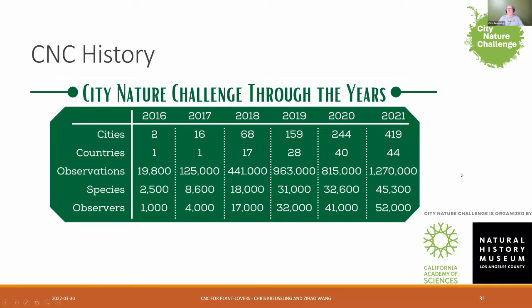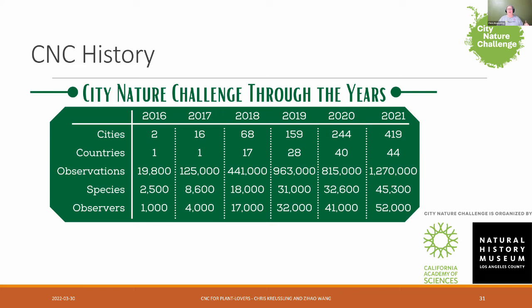The next year, it went national in the United States, and 16 cities participated. The following year, more cities. The following year, more cities, and more and more and more. This year, we've got 443 cities participating as of yesterday, and many different countries. You can also see the number of observations.